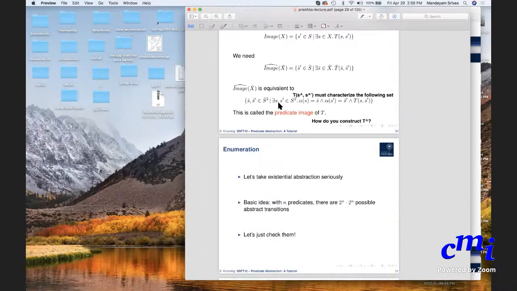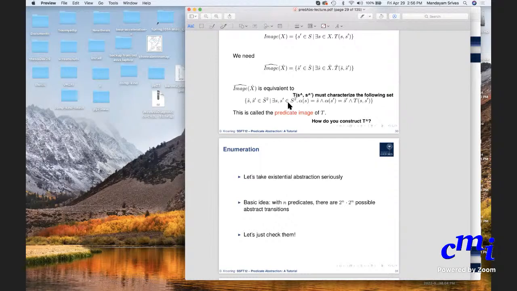But if your concrete domain is also finite, where it can be encoded as bit vectors, then in principle you could do it. But even eliminating existential quantification, a naive way is to plug in all possible values that these pairs S and S prime can take. That is too many, even for a 32-bit vector.